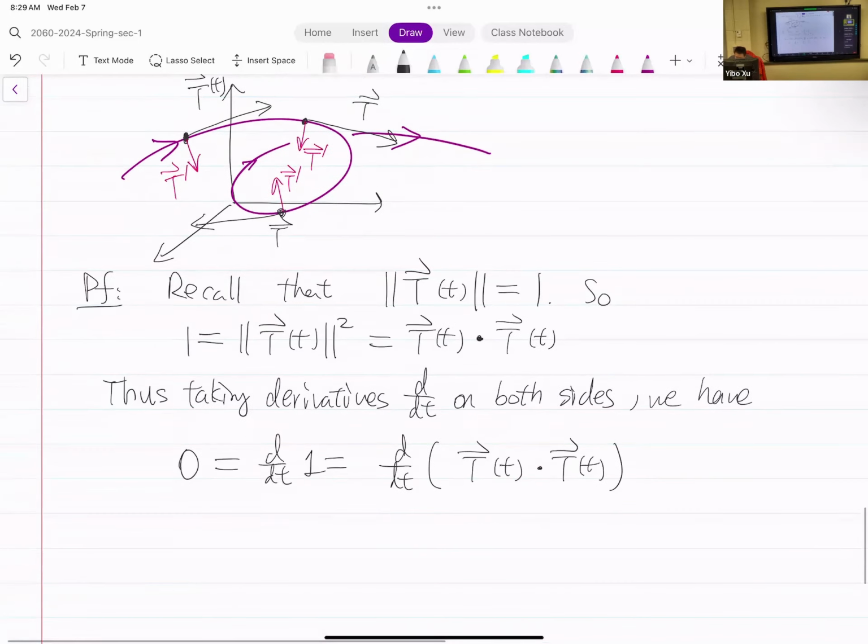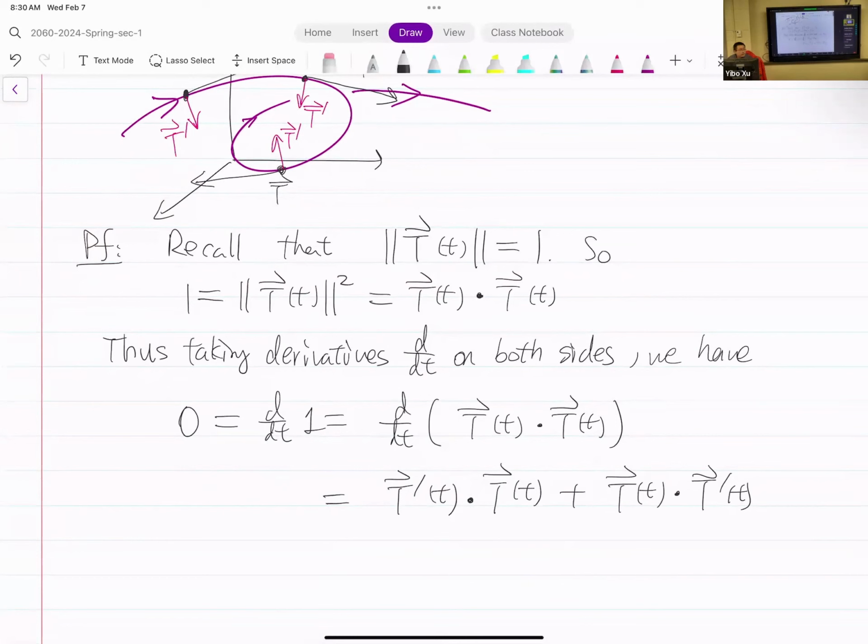Then we can utilize what we have learned about the derivative of the dot product. If you remember, it's the derivative of the first times the second, plus the first times the derivative of the second, where the multiplication is the dot. So we just write it down: the derivative of the first, T prime dotted with T, plus the first dotted with the derivative of the second.